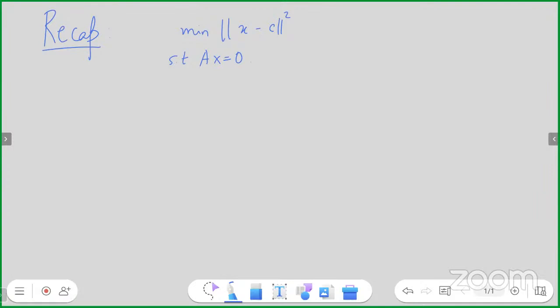So observation 1: Ax equal to 0 is a subspace. Because of part D of the theorem, the optimal answer has to satisfy a condition. So c is somewhere here. This is my space, let's say.